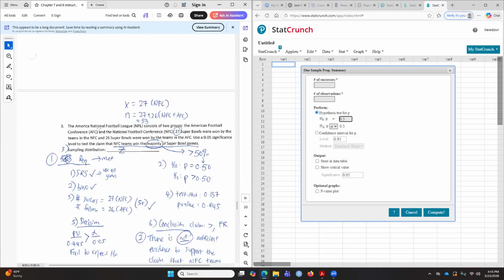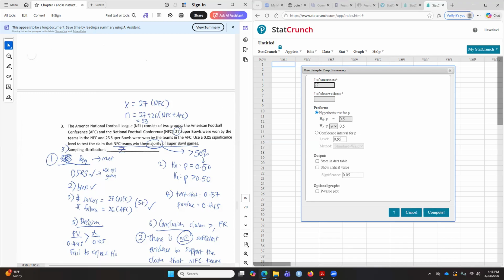We have the NFL, which consists of the AFC and the NFC teams, two groups. 27 Super Bowls were won by the NFC and 26 by the AFC. You have to use a 0.05 significance level to test the claim that the NFC teams win the majority of Super Bowls. NFC is what they concentrate on, and the NFC won 27, so your x, or number of successes, is 27.